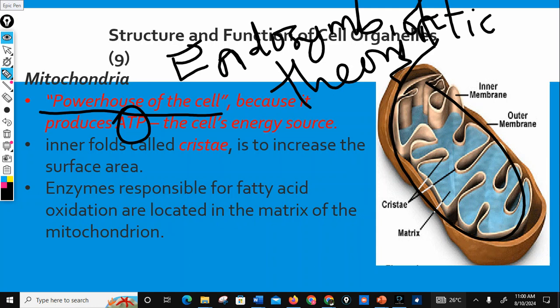So they needed to attach to prokaryotic cells in order to form the eukaryotic cell. You can browse more on that in the endosymbiotic theory.